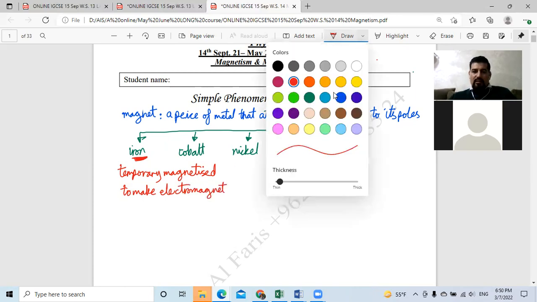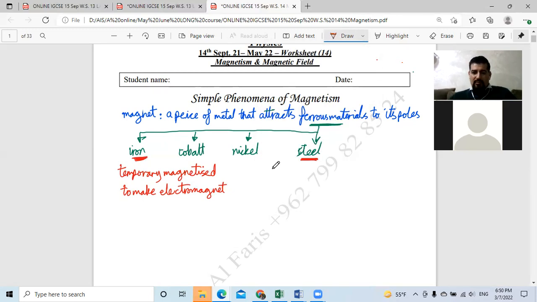While steel, it's what? Steel is permanently magnetized, to make magnets. That's the first thing.